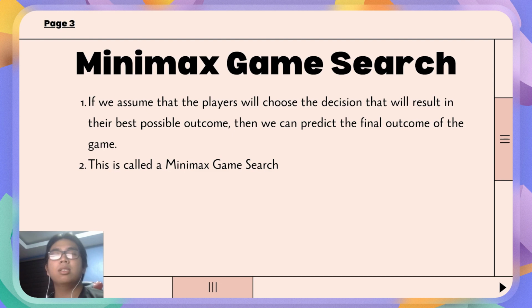Now, on the basis of us knowing that the players will choose the best decision that will result in them having the best possible outcome, that means we can predict the final outcome of the game, because we know that players will always choose the best decision. This type of search is called a minimax game search, where we are going to find the final outcome of the game based on the premise that the players are intelligent agents.